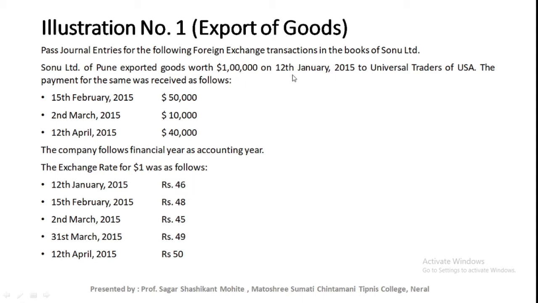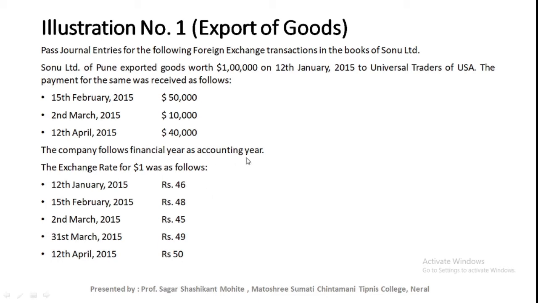On the date of sale, the rate was rupees 46, and while receiving the amount on 15 February 2015, it was rupees 48. That means we are receiving 2 rupees more per US dollar. That will be profit to the company, so that profit will be transferred to the foreign exchange fluctuation account.